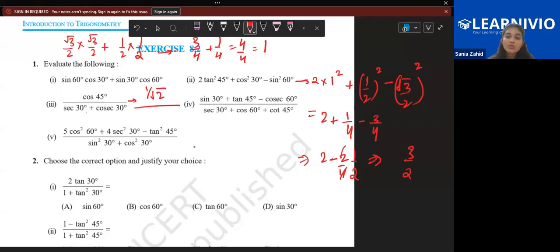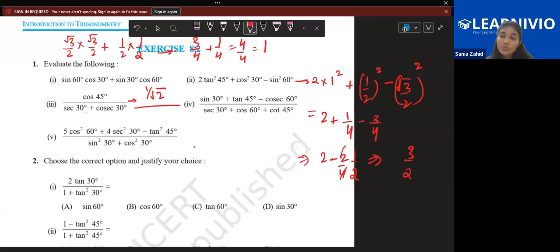Sec 30 is how much now? Don't look at the paper now. You tell me here. Sec 30 is inverse of what? Sec is inverse of cos.